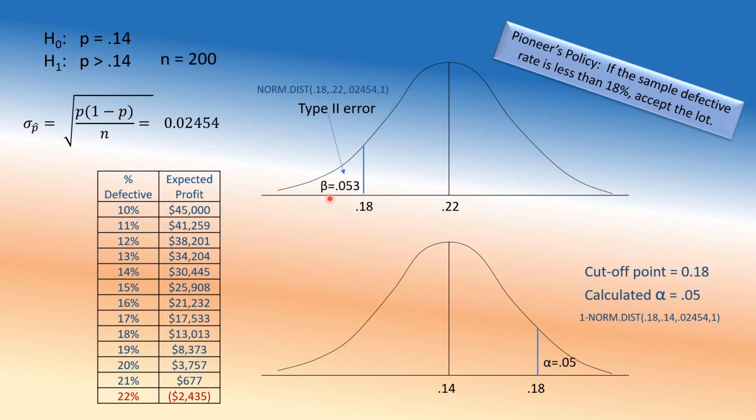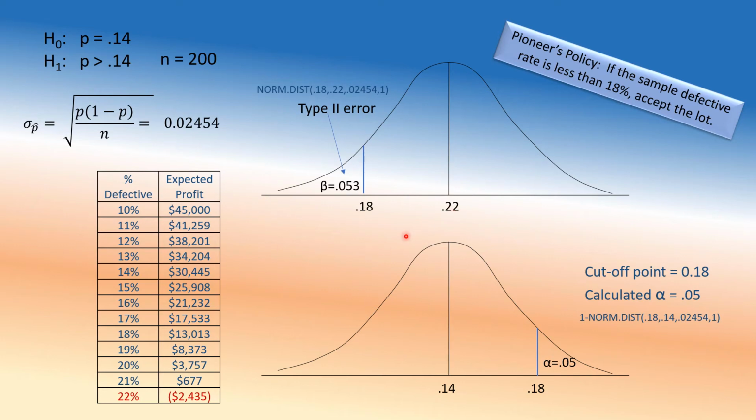Now, what's the whole thing in English? That basically means, first of all, in two ways. First of all, it means if the mean is 0.22, there is a 5.3% probability that the sample will show 18% or less defective, when actual defective are 22%.